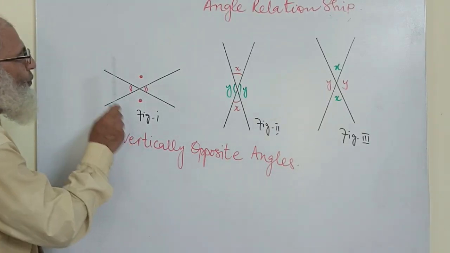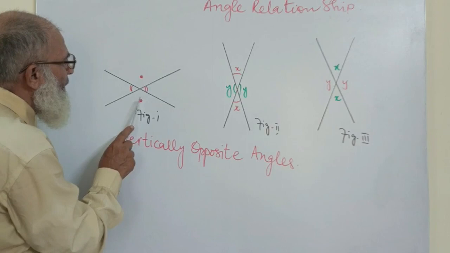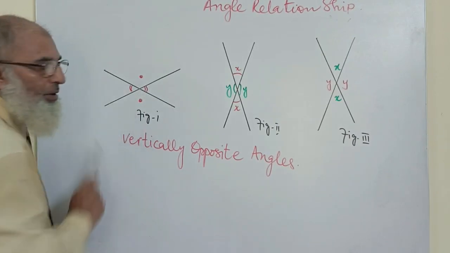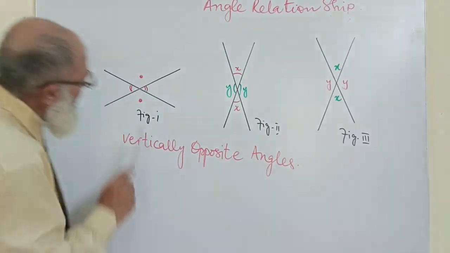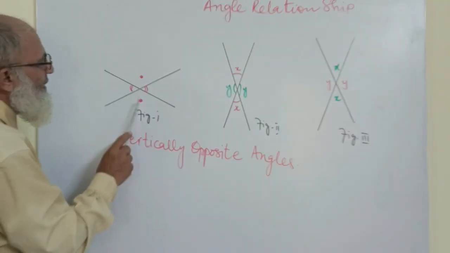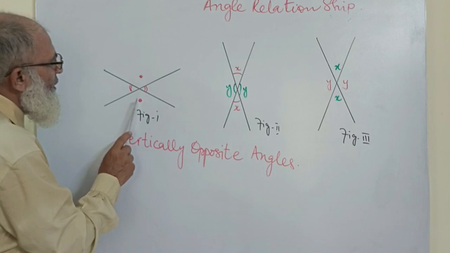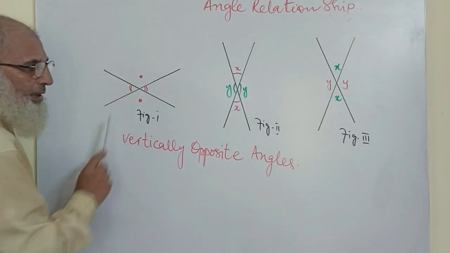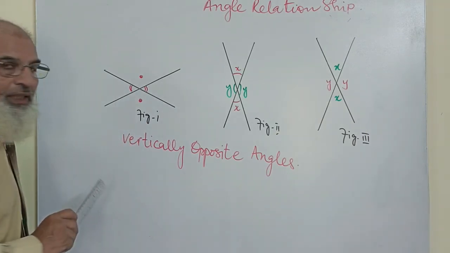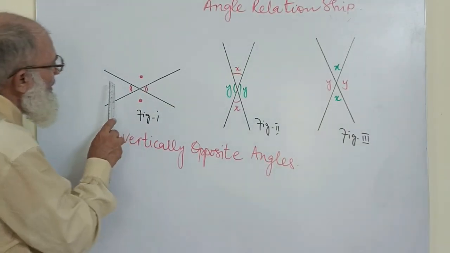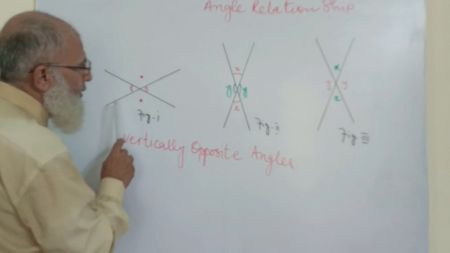Now, in the four angles, two pairs of angles are formed, which are called vertically opposite angles. The dotted angles are vertically opposite, and these circular angles are also vertically opposite angles. Now, this is angle 1, this is angle 2.